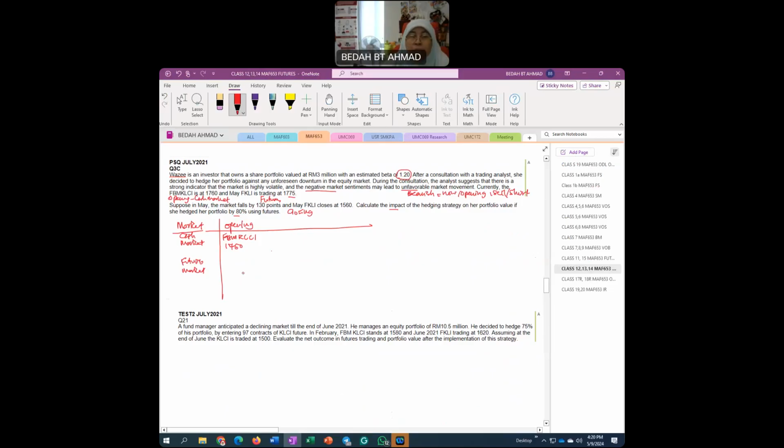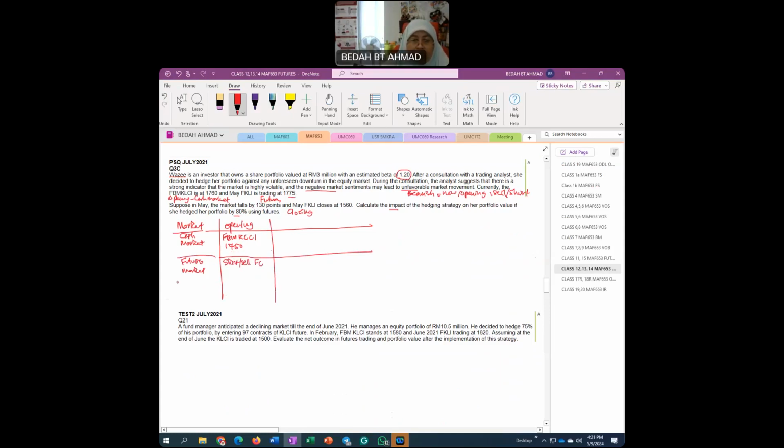And what happened in the closing? Closing later. So for the opening in the futures market, our strategy will be to short sell the futures contract.